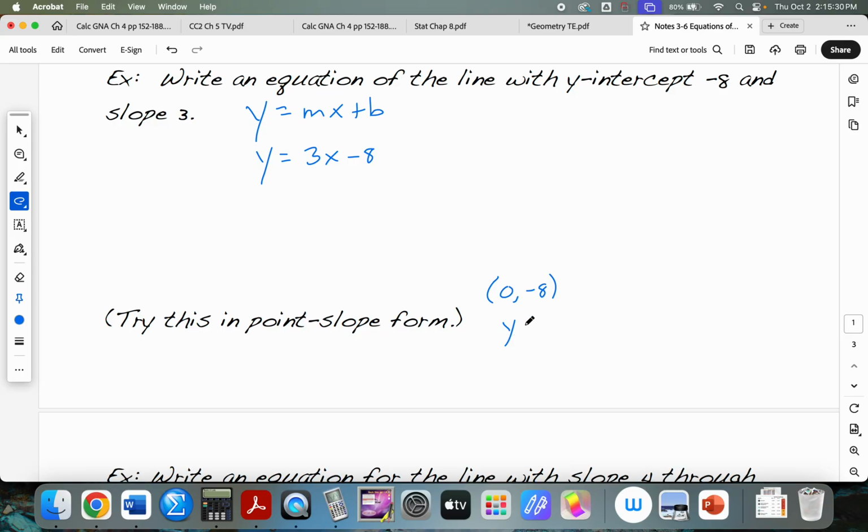So if you don't know the point slope equation, I suggest that you write it down every time you use it until you have it memorized. So this is going to be y minus -8 equals, the slope is 3, x minus 0.